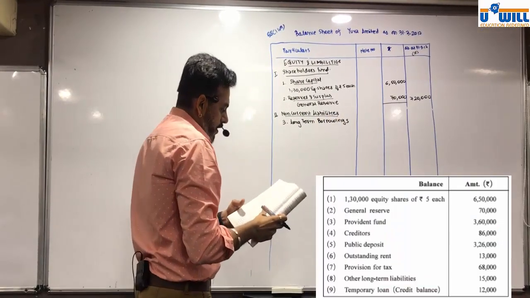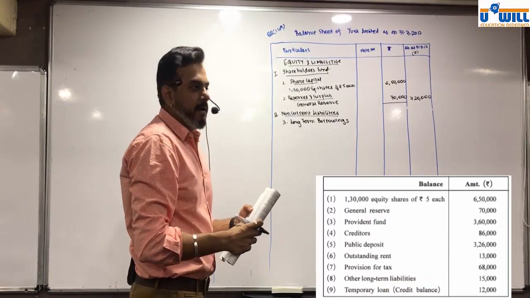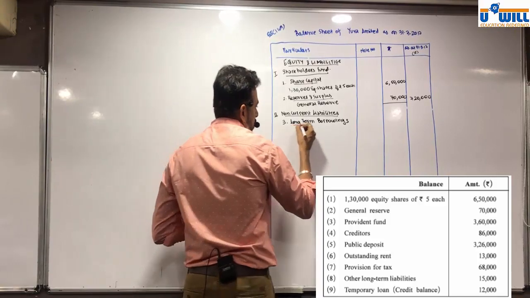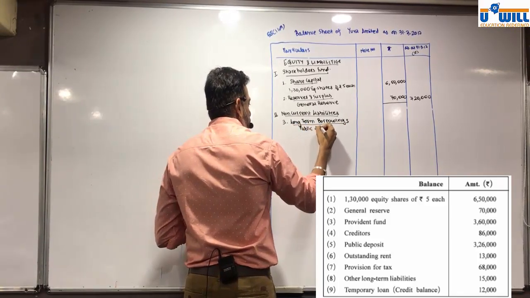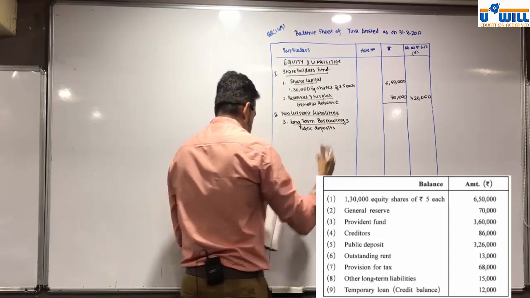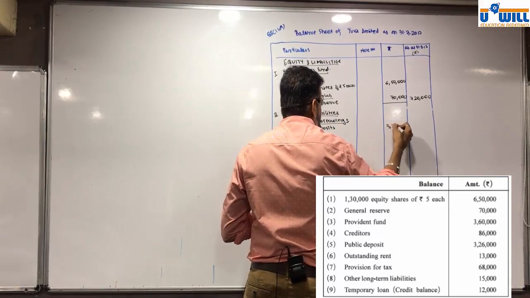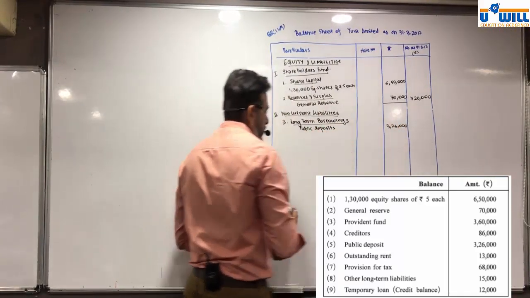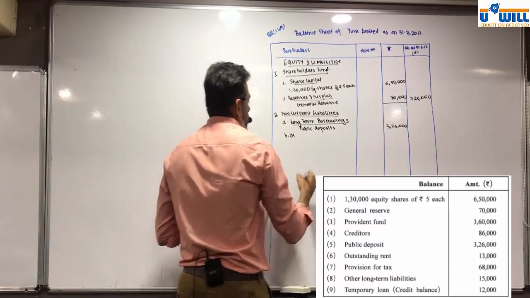What's long-term borrowing over here? Public deposit. So in your long-term borrowing, public deposits. Money taken from public for a longer period of time. Inner column 3,26,000. A and B.